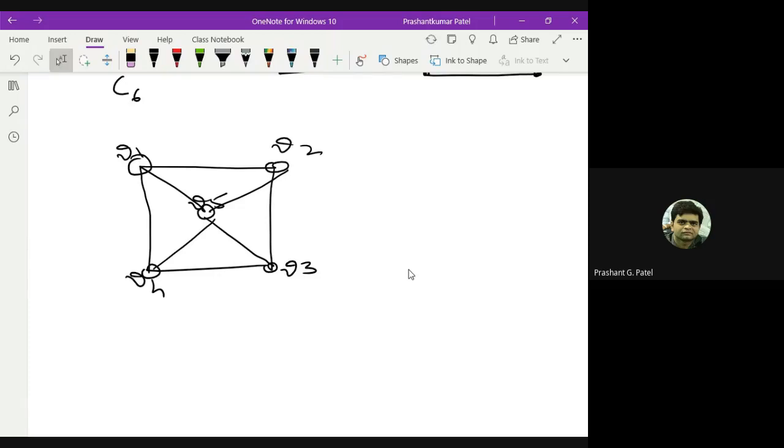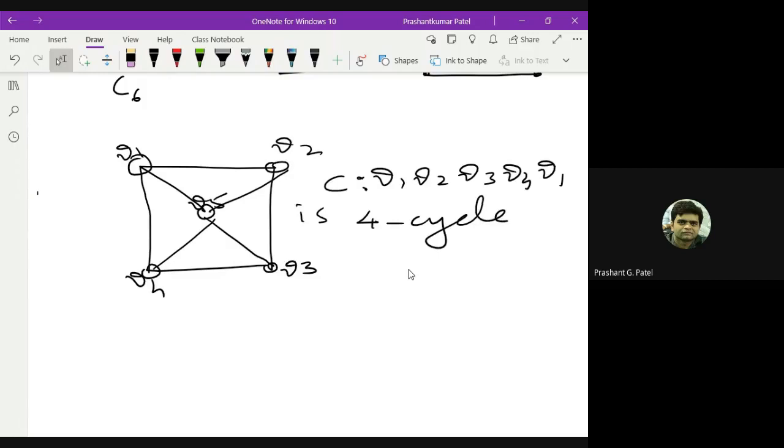I will not write the edge names because it is understood that between V1 and V2 there is one edge. So I can denote this as V1, V2, V3, V4, and then again V1, a 4-cycle.